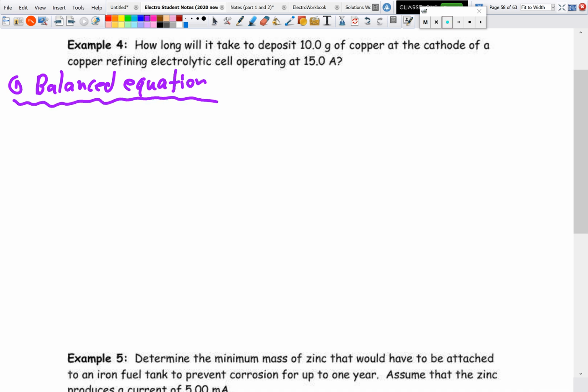In this one, copper is getting deposited at the cathode, so we know the cathode needs to be a reduction half reaction. The reduction half reaction of copper is Cu2+ aqueous plus 2 electrons, producing Cu solid. So this would have to be the reaction at our cathode.